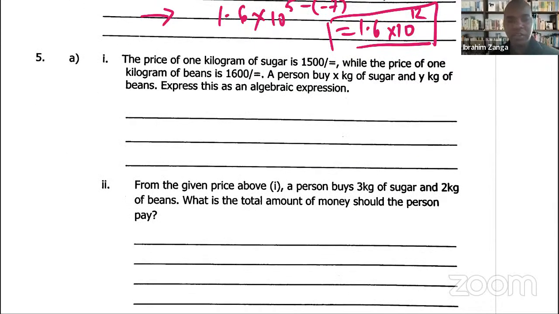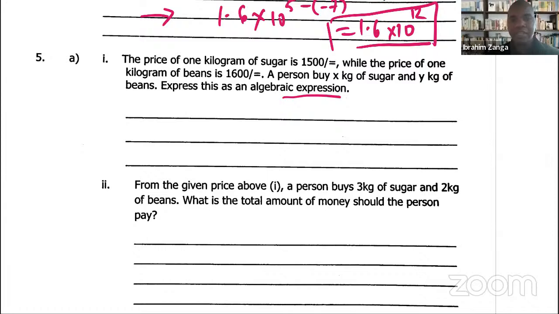The price of 1 kilogram of sugar is 1,500, while the price of 1 kilogram of beans is 1,600. A person buys x kg of sugar and y kg of beans. Express this as an algebraic expression.